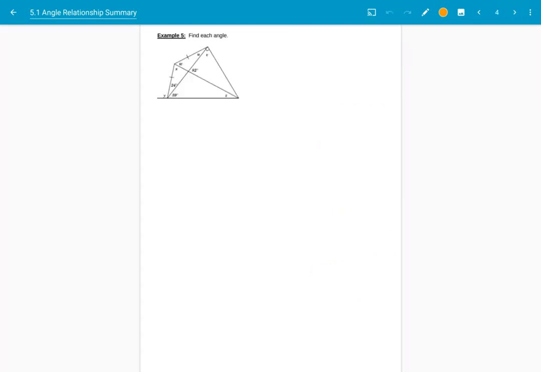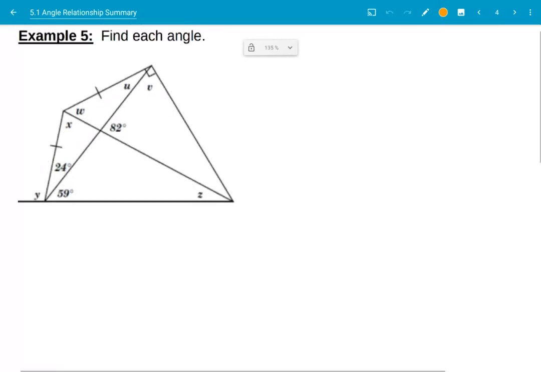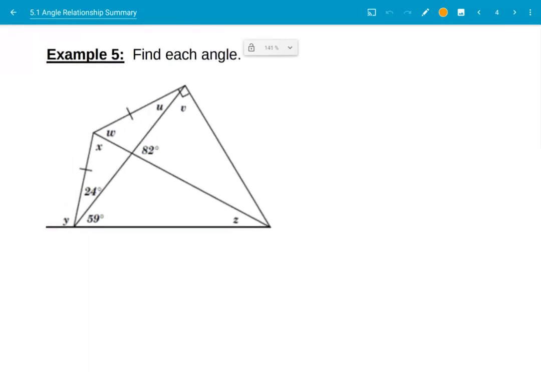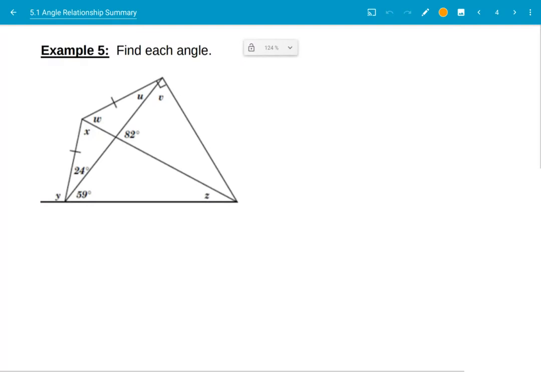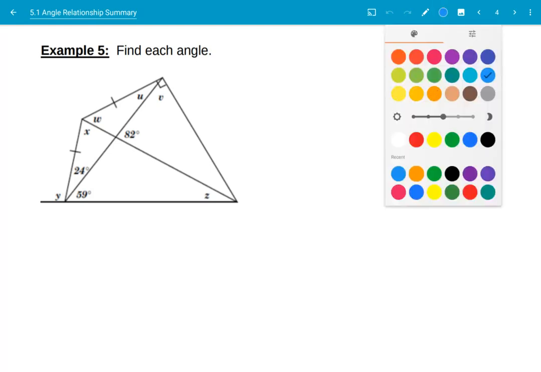Now we have example 5, and this is a bigger question. Okay, the text is a little blurry. Easy things first, things that you have lots of information for. Go ahead and get the diagram down. Okay, let's begin.